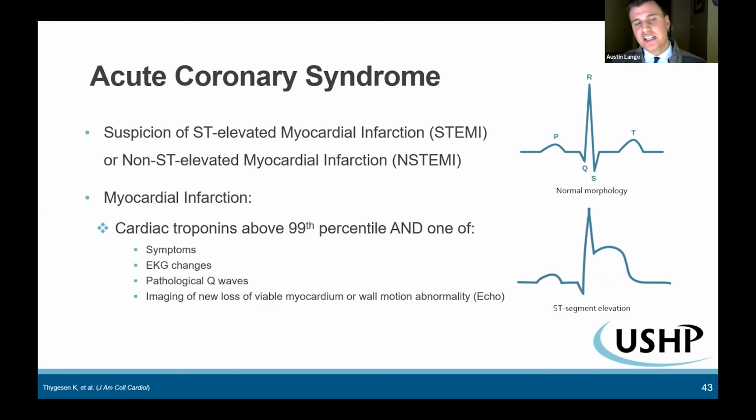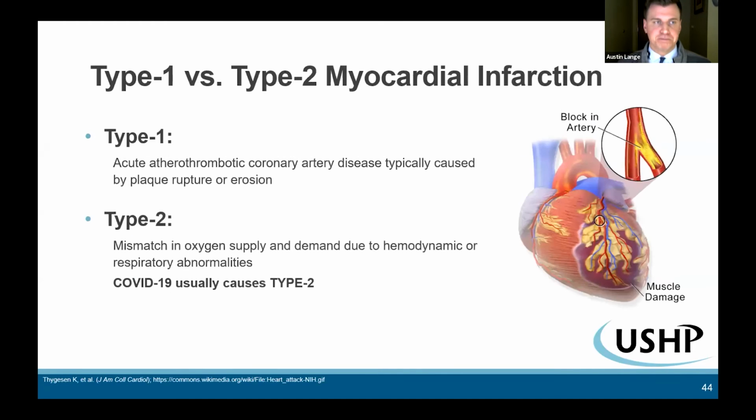And then if there's any sort of imaging with a new loss of viable myocardium or wall motion abnormality, the saying kind of goes, time is tissue. So if we're seeing that there's not proper perfusion or there's a wall motion abnormality, the tissue could be not appropriately working and not being oxygenated appropriately.